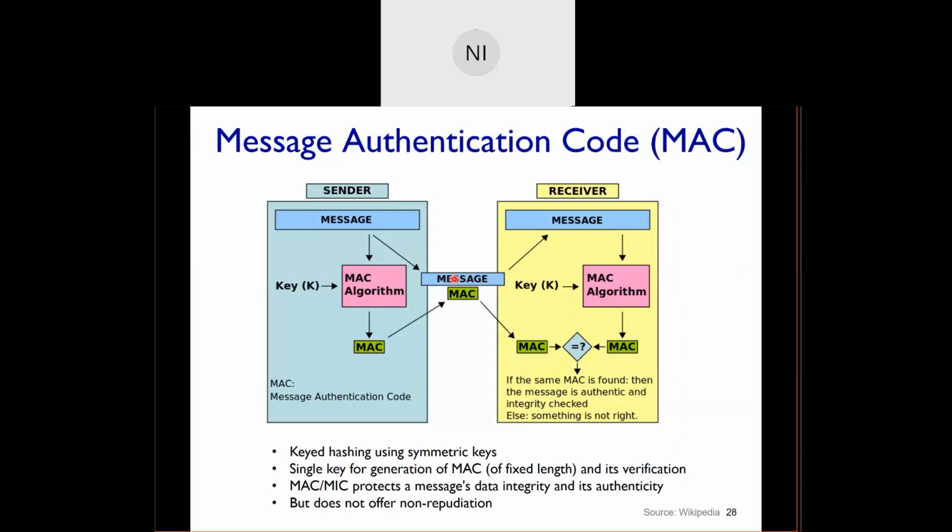Here, if you look very carefully, we are not converting the message from plain text to ciphertext. The message is going in plain text as usual, but along with the message, we are also sending some tag. In this case, the tag is the MAC, the message authentication code, which is a kind of hash generated by using the message and the secret key that is known to the sender and receiver alone. Because of that, the MAC is also called keyed hashing.